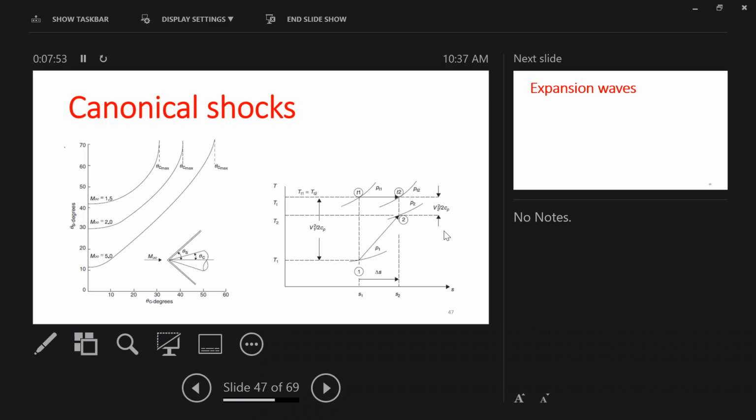It's going to be the exact same thing, right? The difference is going to be in an oblique shock wave. If you go back to the theta-beta-M curves we had, you remember the theta-beta-M curves for an oblique shock wave, right?